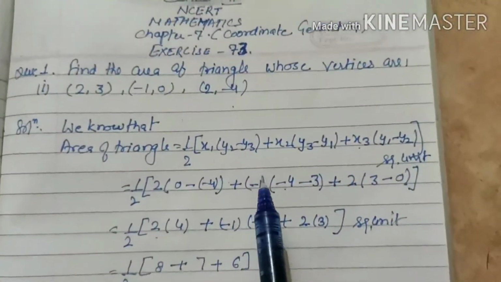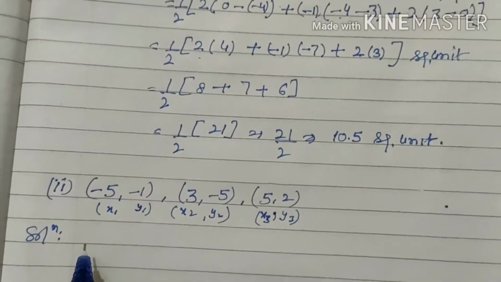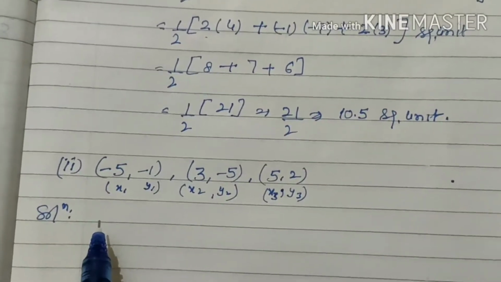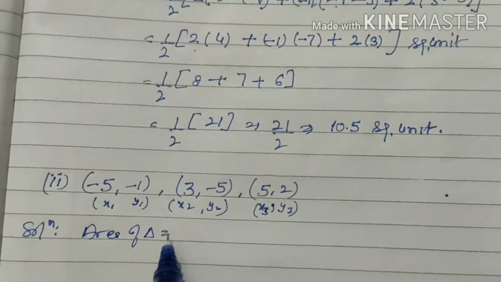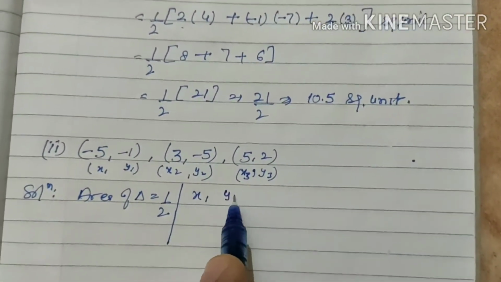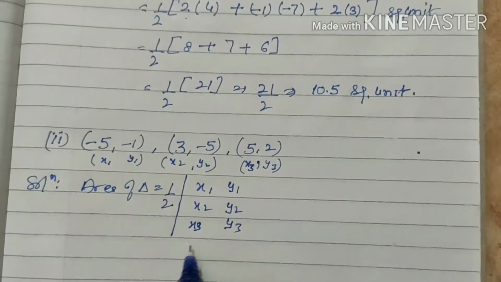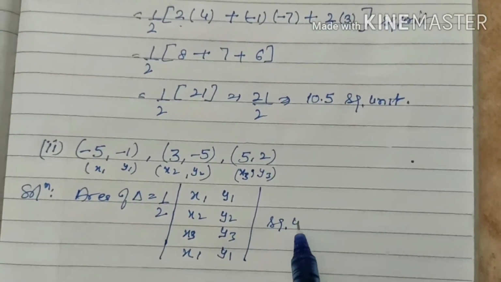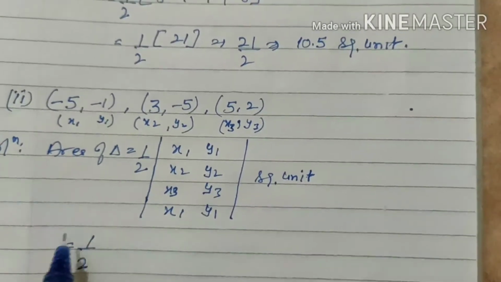We can find it by the first method, and we have another alternate method, so we will do this sum by the alternate method, which is easy compared to the first. So the area of the required triangle will be 1/2 into the determinant-style array of x1 y1, x2 y2, x3 y3, and then y1 again. We can find the area by this method also, so you can use this one, it is easy.